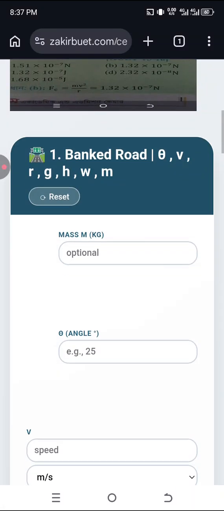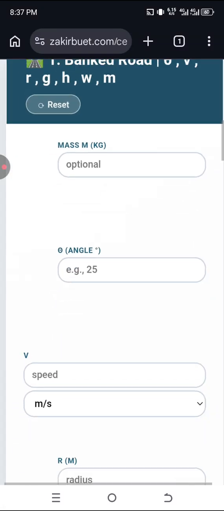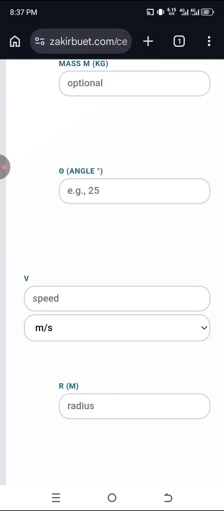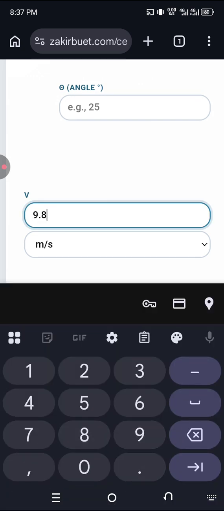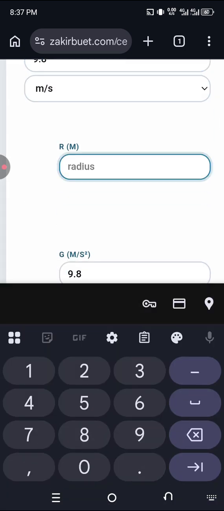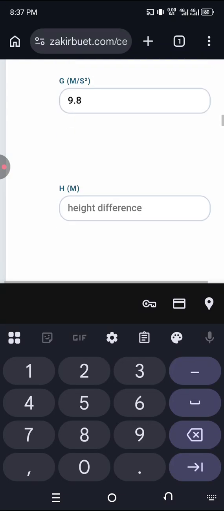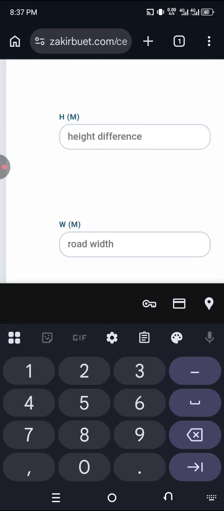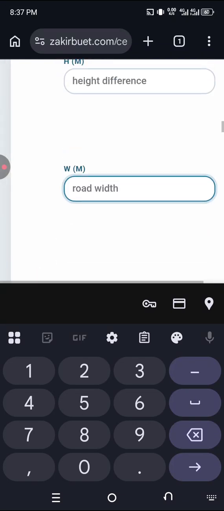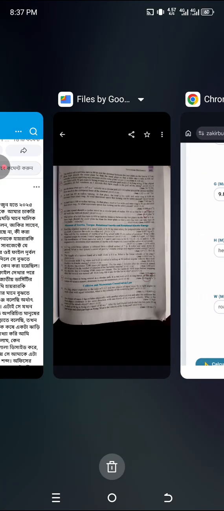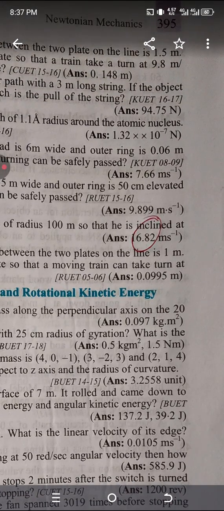So let's go to this, type number 1. We do not need mass, because we only need the height of the banking. Now the speed is 9.8, the unit is meter per second, the radius is 99, and height is going to be determined. The width is, I have forgotten the width, 1.5 most possibly.